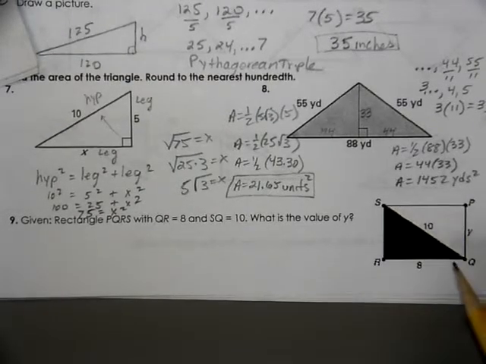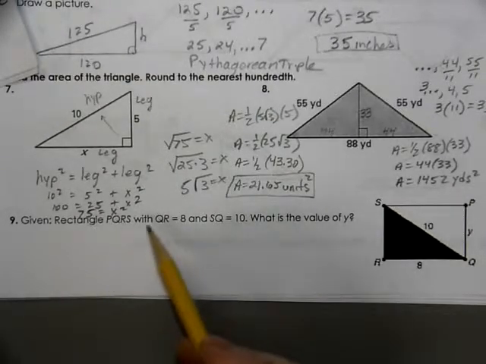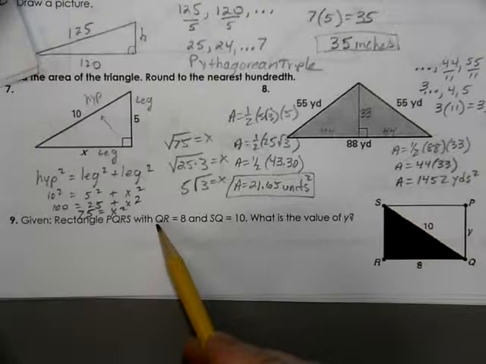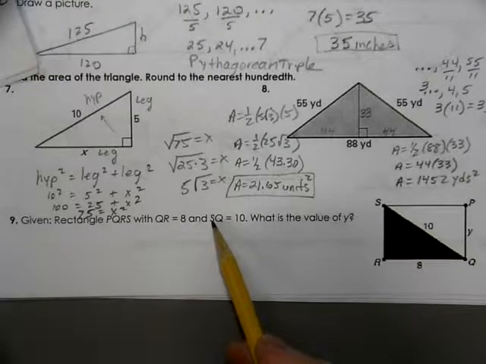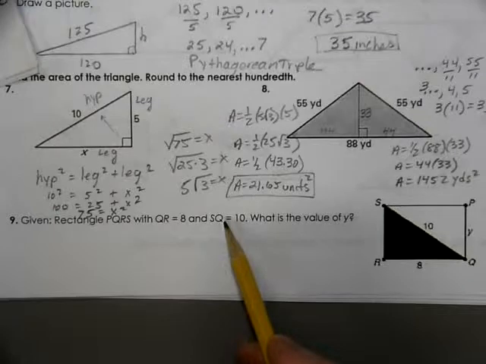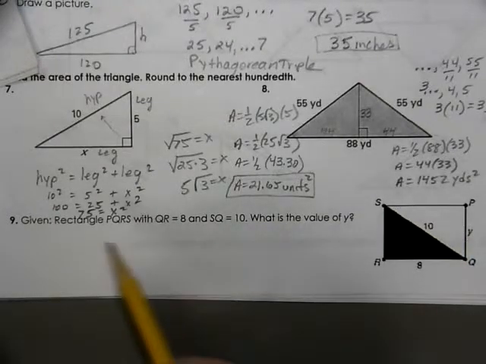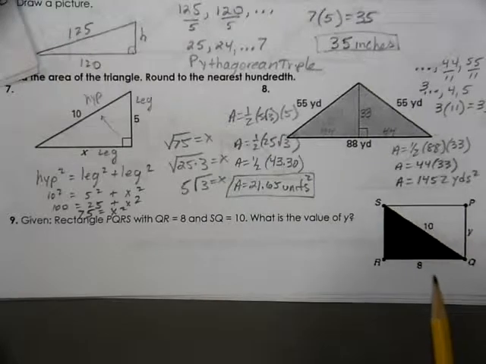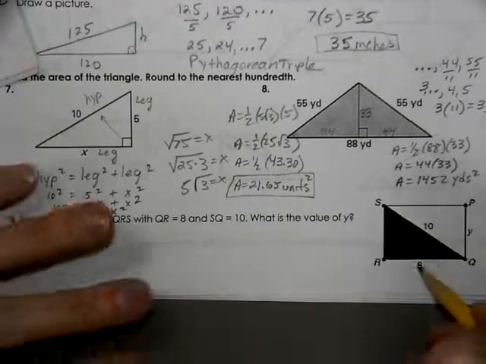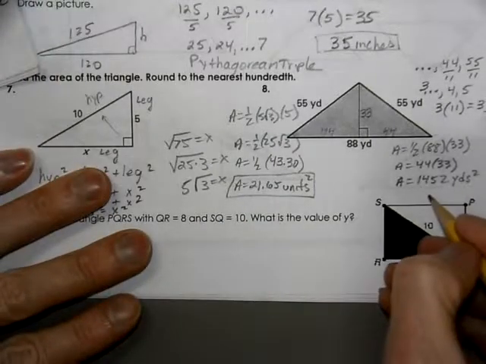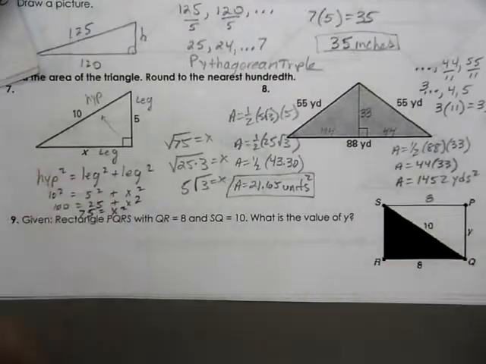Here we have a rectangle with QR of 8 and SQ of 10. What is the value of Y? Well, if this is a rectangle, then I know opposite sides are congruent.